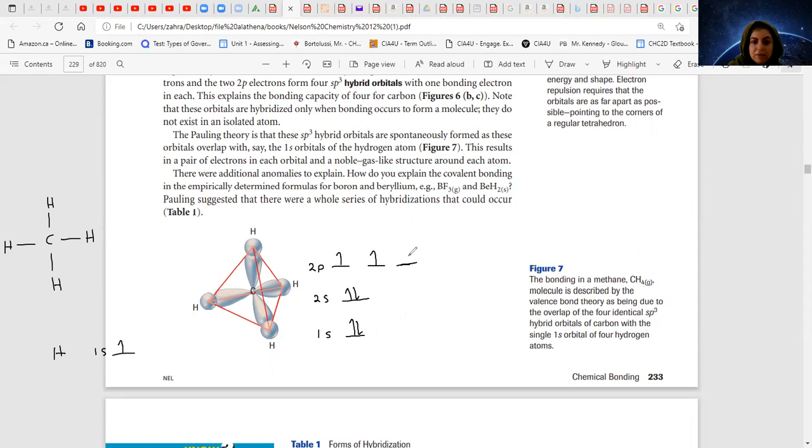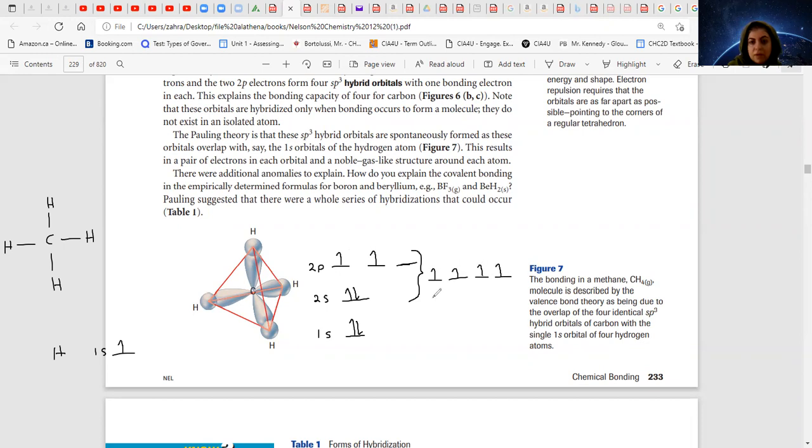As you see, these two energy levels need to be combined. When they combine, the energy level will be a little bit between these two. So how many boxes is this? 1, 2, 3, 4. And then I will distribute these electrons here. 1, 2, 3, 4.